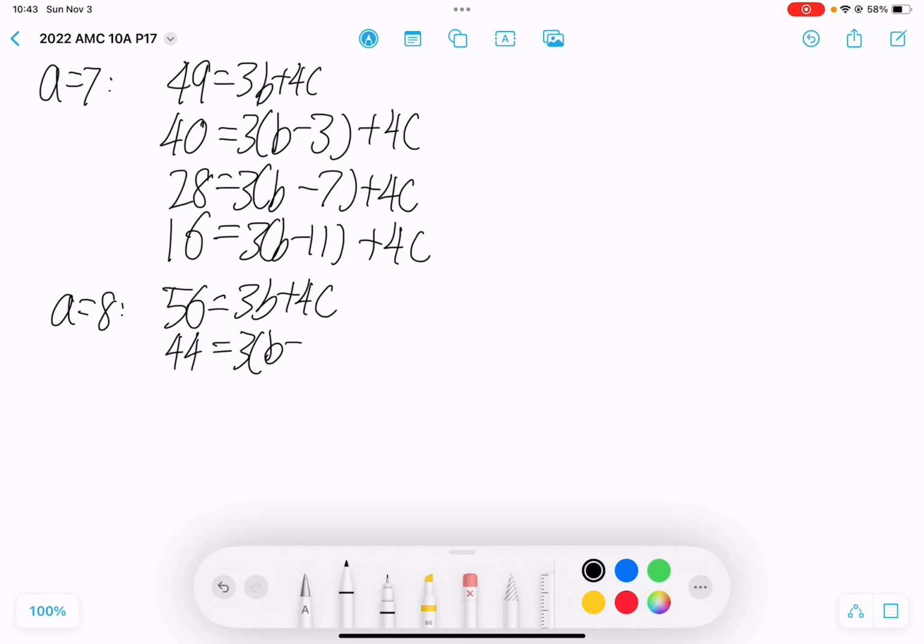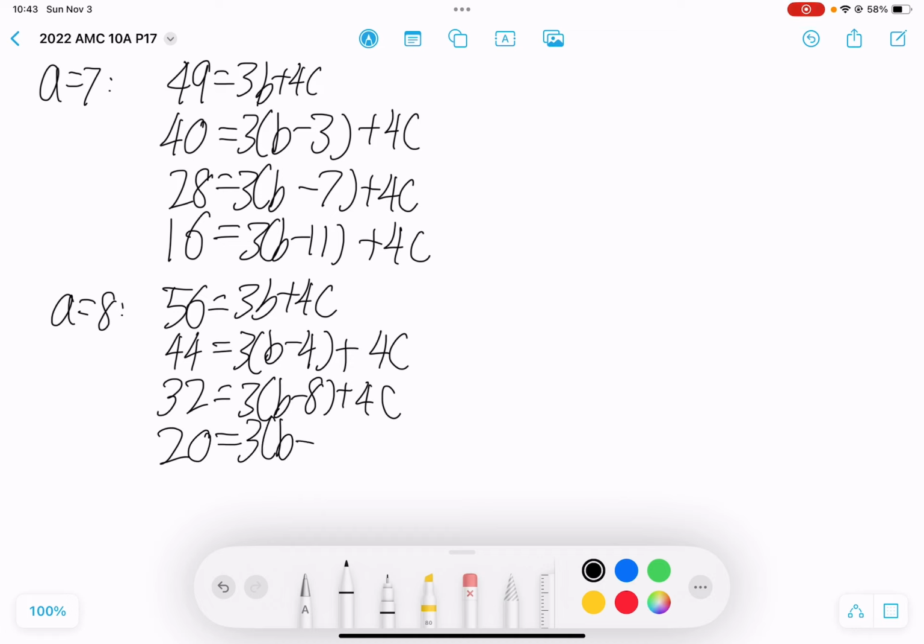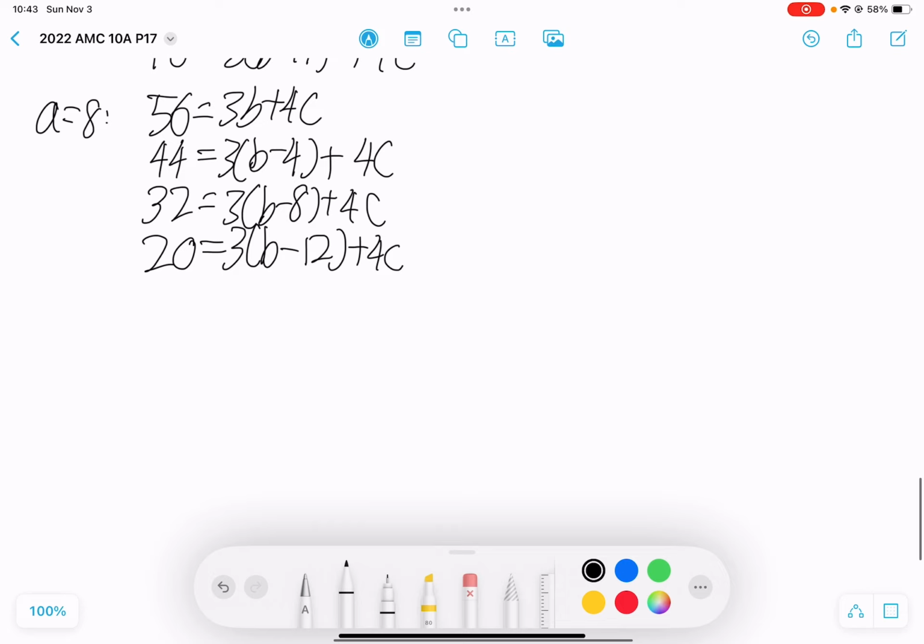So we have 3 times b minus 4 plus 4c. But in this case, c is going to be 11 for 4c to be 44, so that doesn't work. Let's subtract another 12. We have 32. So we have 3b minus 8 plus 4c. But in this case, b is 8 and c is 8, so this doesn't work. What about 20? We have 3 times b minus 12 plus 4c, which doesn't work as well because b can't be 12.